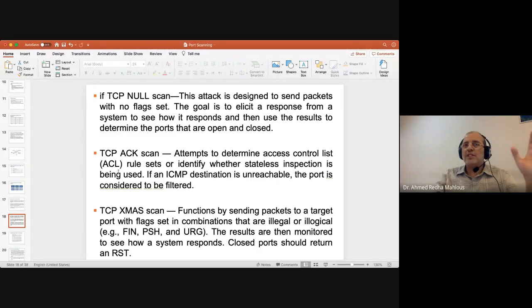You don't set any flag, all are 0. When we say set a flag, that means we put 1 on that flag, which means we choose this type of packet. But in the null scan there was no flag chosen, all are 0. The idea of the null scan is to see the type of result based on an open or a closed port.